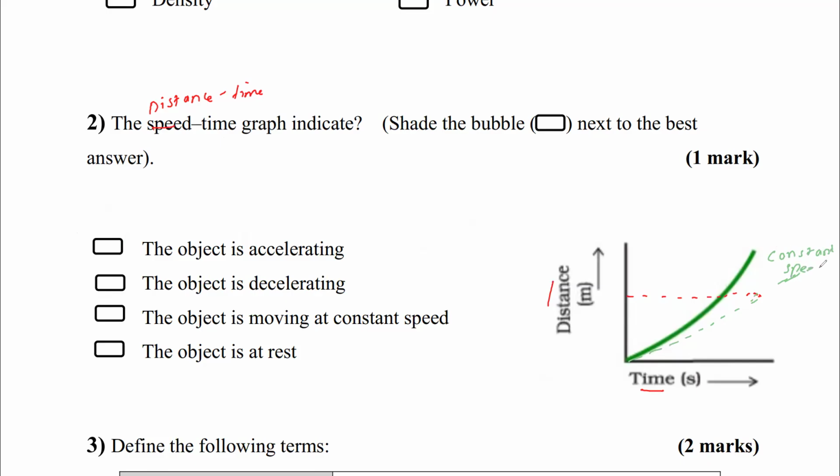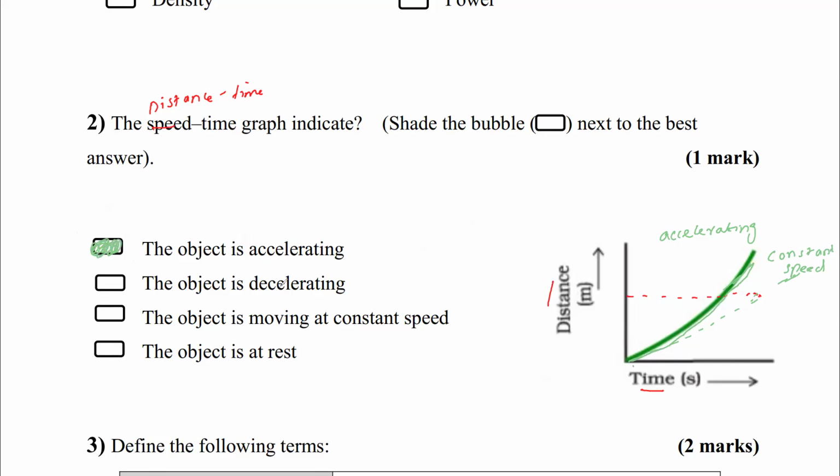But here in this case they are moving in the upward direction. Upward direction means that this graph is actually accelerating. So your right answer is that the object is accelerating.